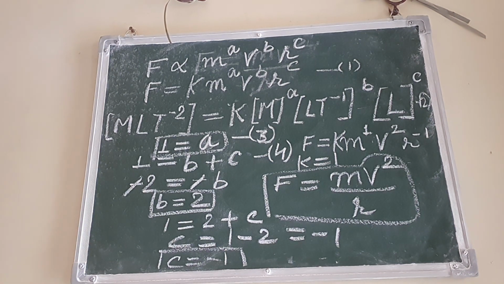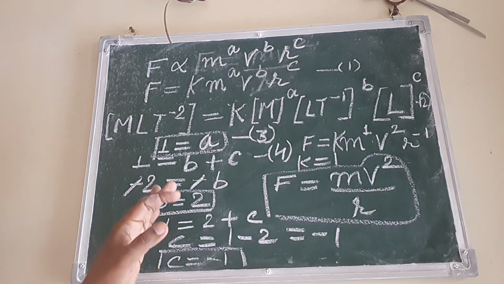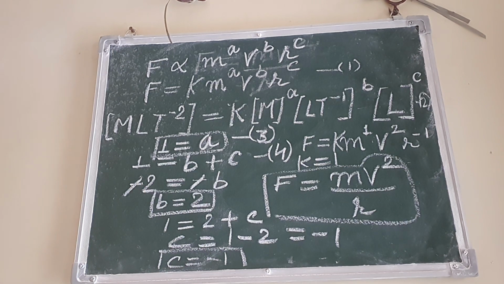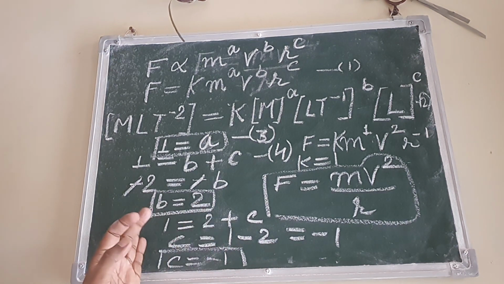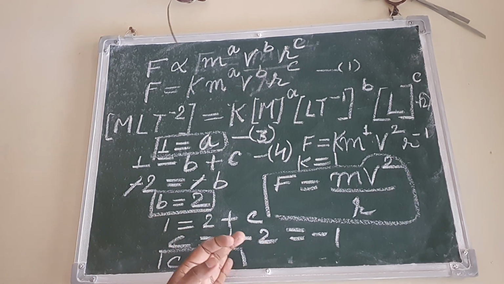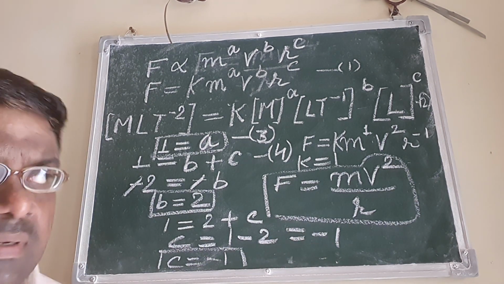The value of the constant b is 2. Now substituting the value of b in equation 4, it becomes 1 is equal to 2 plus c. So this 2 comes on the other side and becomes minus 2, so it is 1 minus 2, that is minus 1. So the value of c is minus 1.